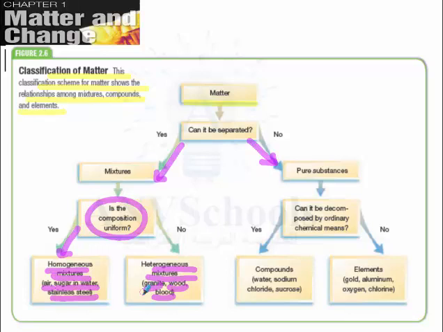Then here on this side, the substance is pure. Can it be decomposed by ordinary chemical means? If it can be decomposed by ordinary chemical means, then it will be a compound. For example, take sodium chloride.